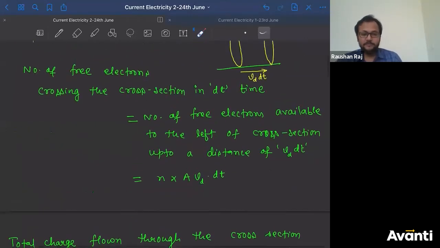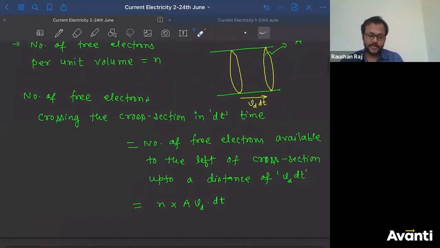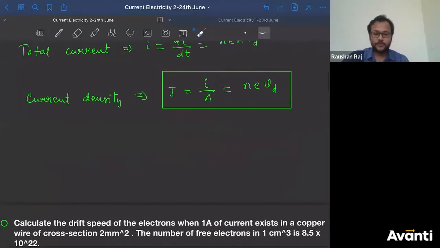See, this is the simplest way to explain this part. Otherwise, I'll proceed further. So everybody has understood, that's a good sign. Very good. Please remember this. The relation between J and vd will be J equal to n e vd.